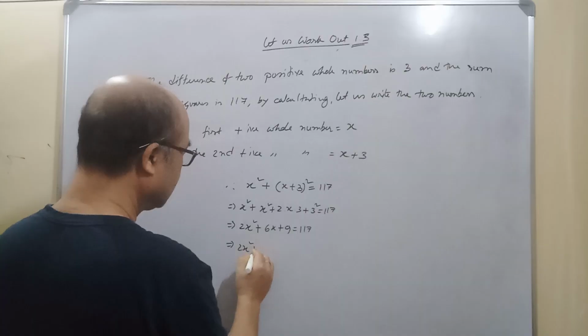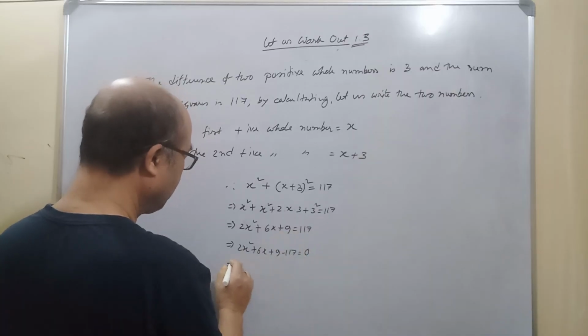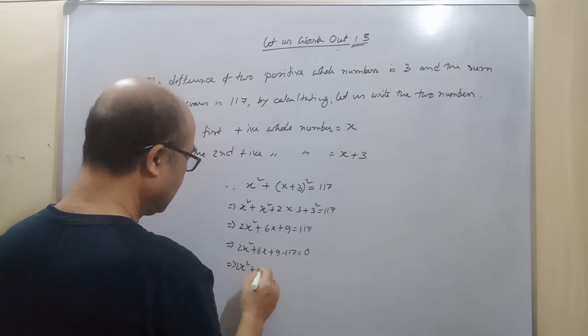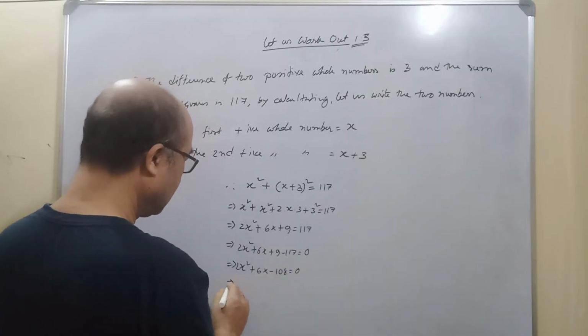Taking it to the left hand side, 2x square plus 6x plus 9 minus 117 equal to 0. So we get 2x square plus 6x minus 108 equal to 0, right?